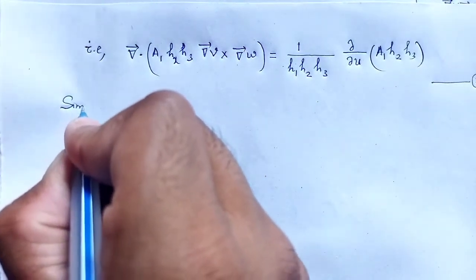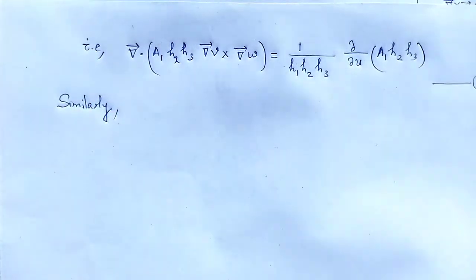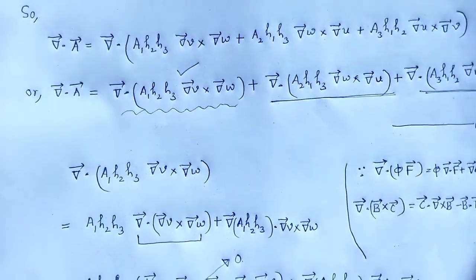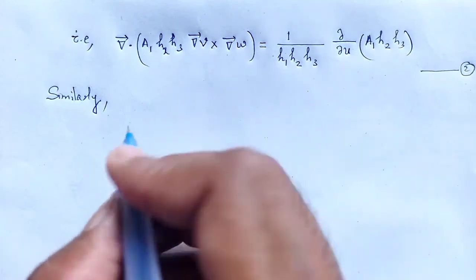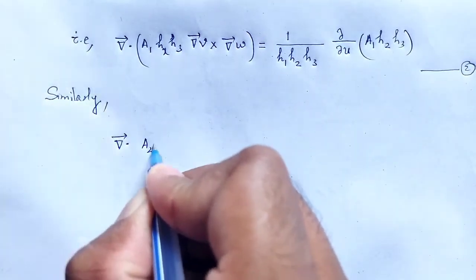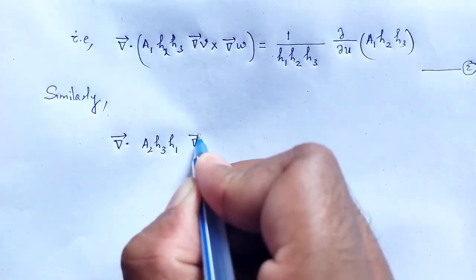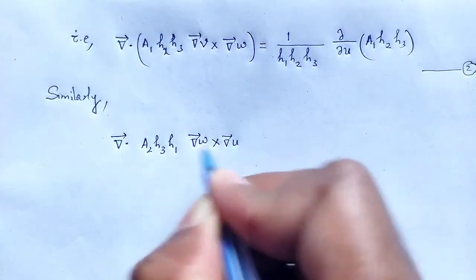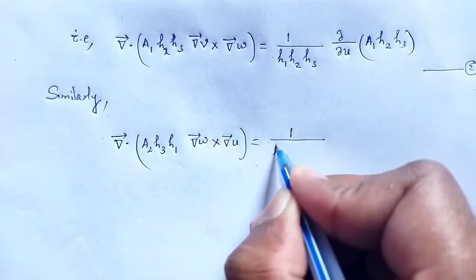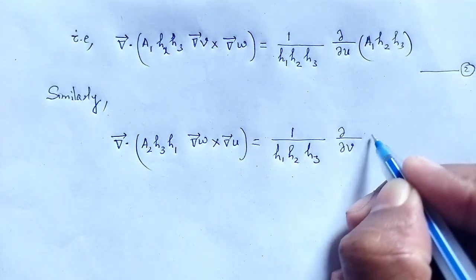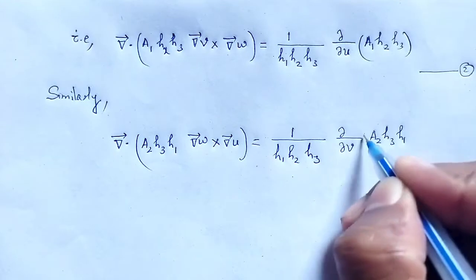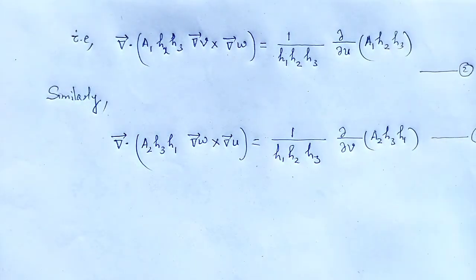Similarly, for the other two terms, this term and that term: grad dot of A2 H3 H1 grad W cross grad U is equal to 1 by H1 H2 H3 del by del V of A2 H3 H1, equation number 3.